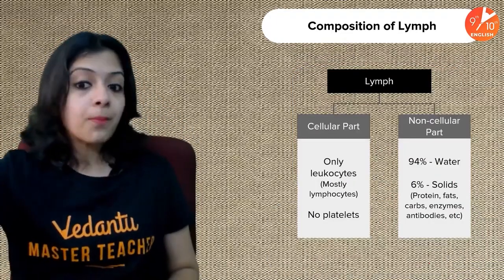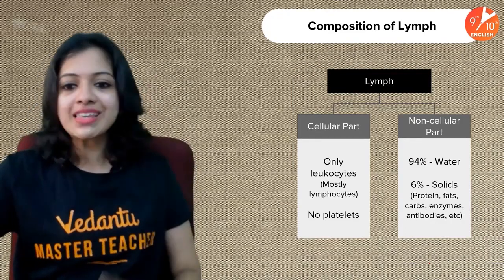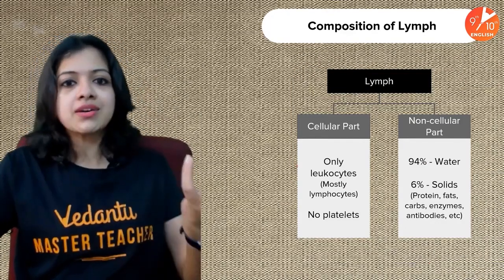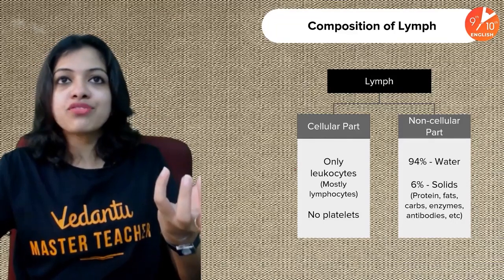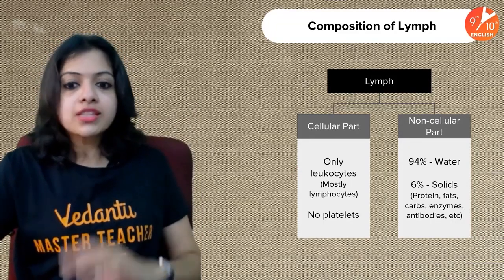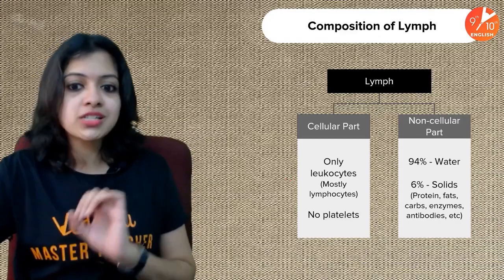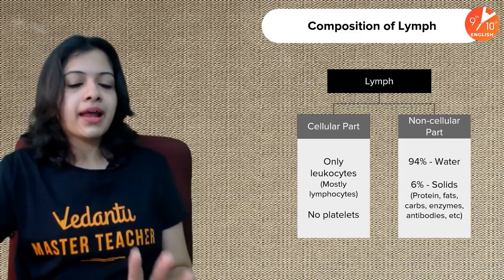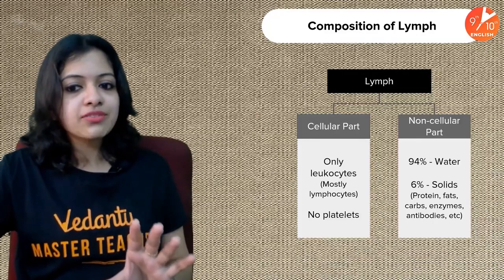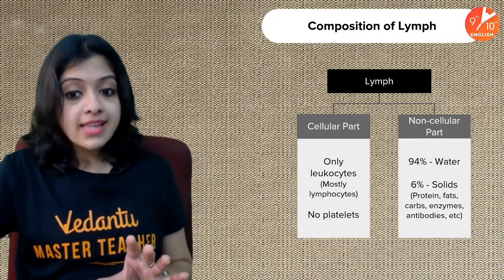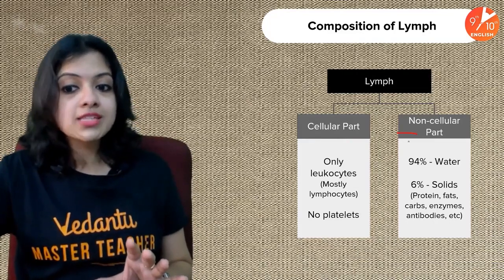Now coming to the composition of lymph, remember I told you to just think about it. Because lymph is formed from blood itself, it has a lot of similarity with blood, but at the same time it has some major differences also. Just like blood, the components of lymph can be divided into a cellular part and a non-cellular part.